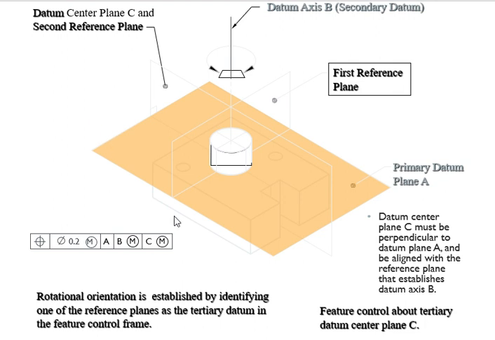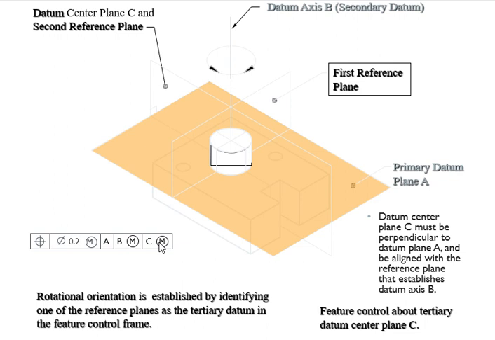Anyway, the last thing here is you just want to understand this rotational orientation. You can establish that by identifying these two reference planes, because that's your tertiary datum in your feature control frame, which is your C right here.